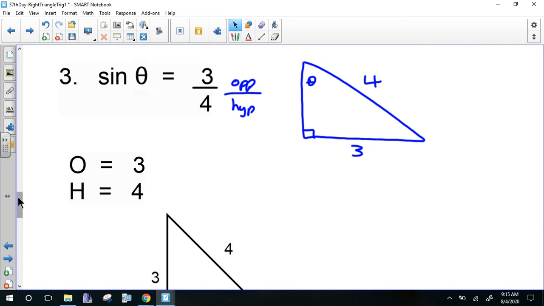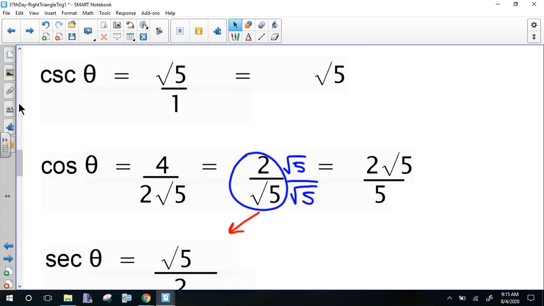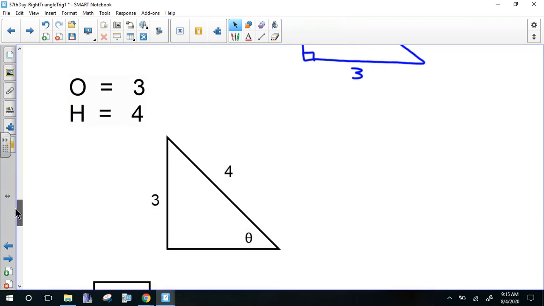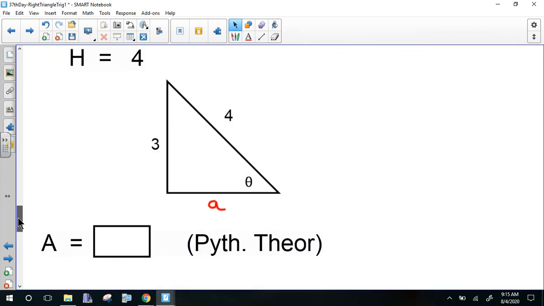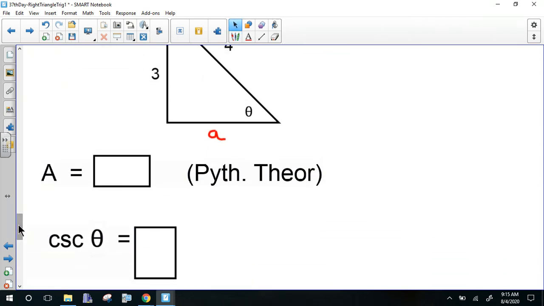So it's easy to draw. So if I plug in the numbers and figure out what my adjacent side is, remember hypotenuse squared equals opposite squared plus adjacent squared.